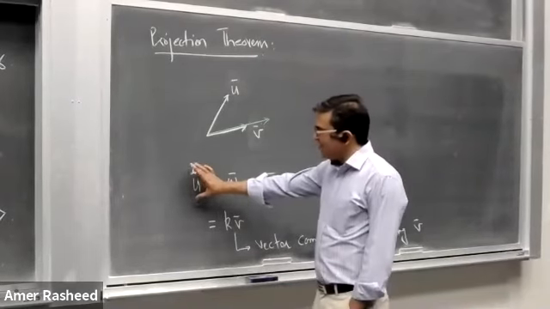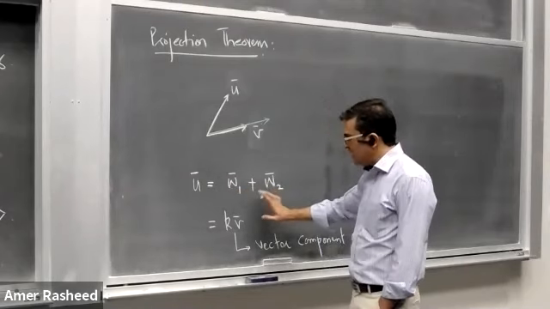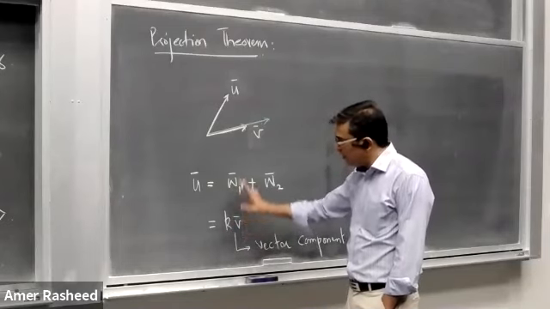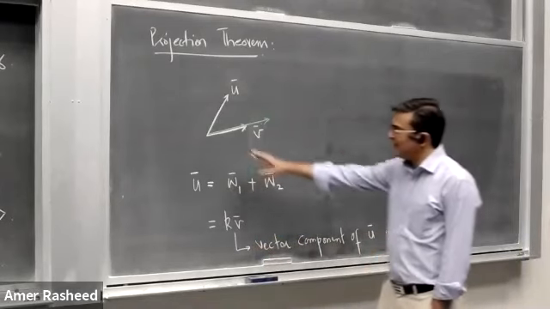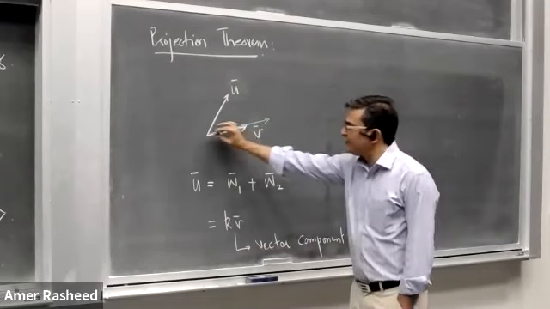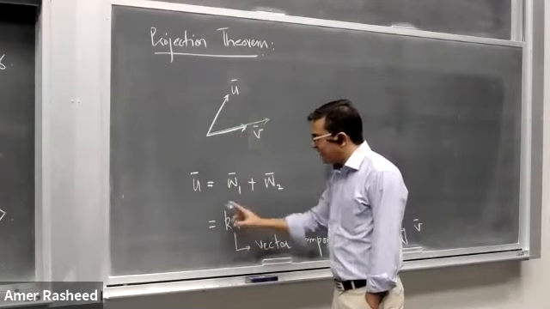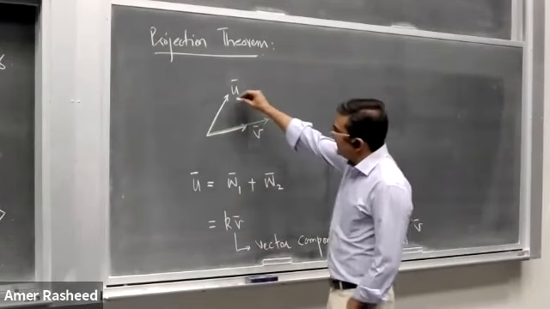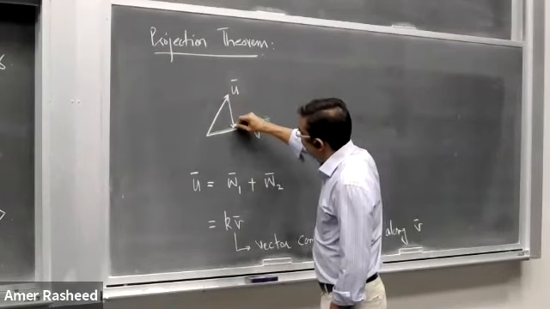So any vector U can be uniquely written as the sum of two vectors, W1 and W2, where W1 is K times V, or you can say W1 is a vector component of U along V. And this vector is a scaled vector V. Either it would become longer than the normal V or shorter, depending on the value of K. And the second vector, W2, is the projection of U onto this V vector.